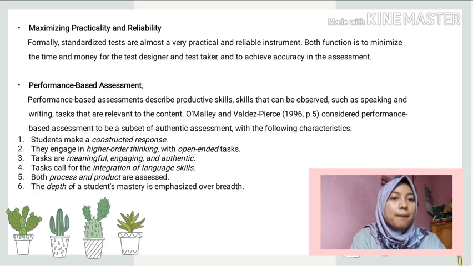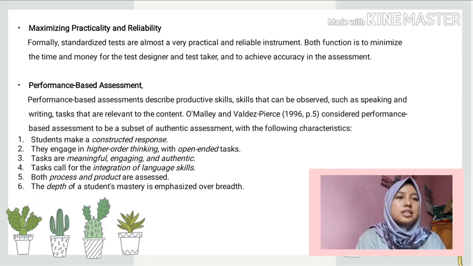First, maximizing practicality and reliability. Formally standardized tests are a very practical and reliable instrument. Both functions minimize the time and money for the test designer and test taker, and achieve accuracy in the assessment.